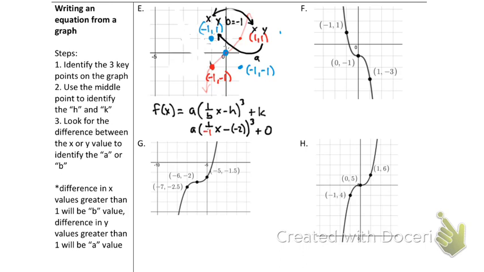And whatever that number is that I multiplied will give me my A value. So if you look, my original Y was 1. I multiplied it by something and got 1. So the only thing that 1 can be multiplied by to get 1 is actually 1. So my A value is going to be 1.